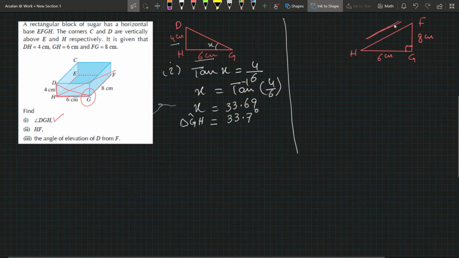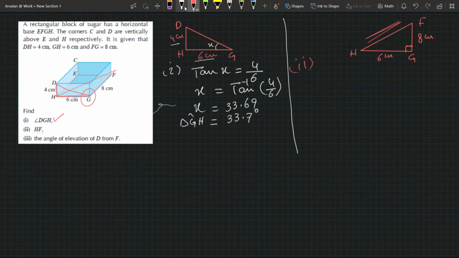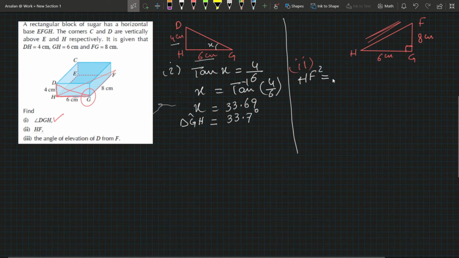So you can see it's a simple Pythagoras theorem. So it is HF square equal to 8 square plus 6 square.